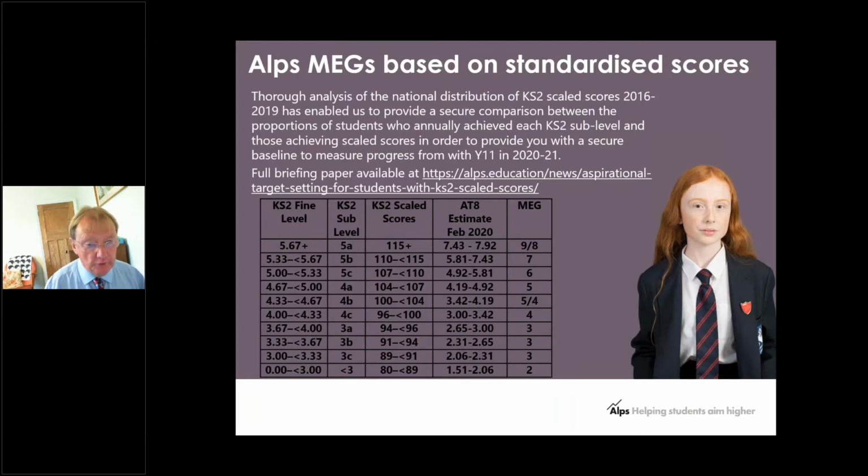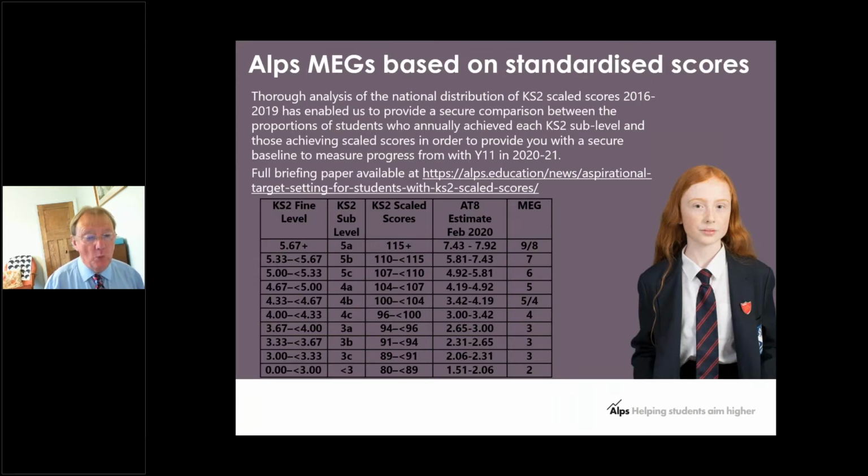I'm not going to go through all of them, but the top one, 5A, the most able based on Key Stage 2 cohort in secondary schools, we are confident that that lines up with a score of 115 plus in terms of the scaled scores.